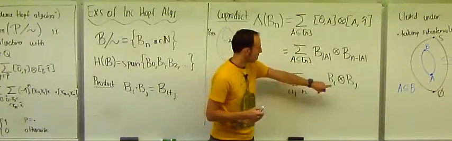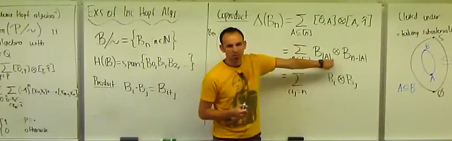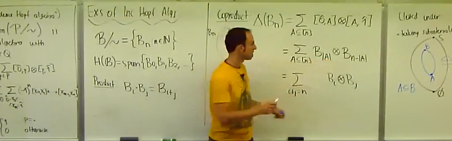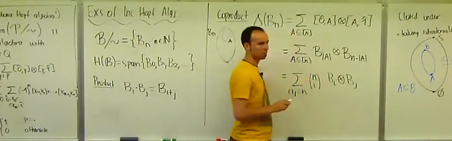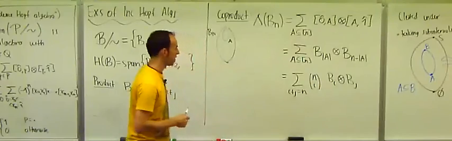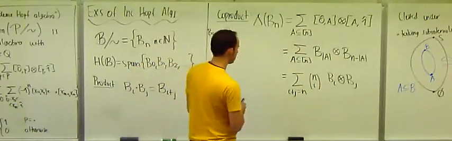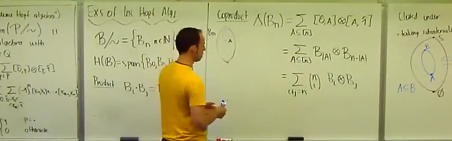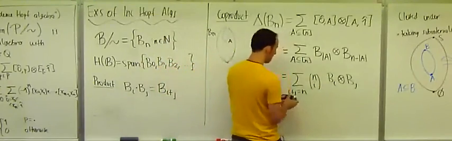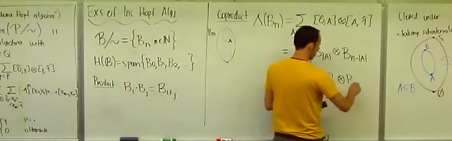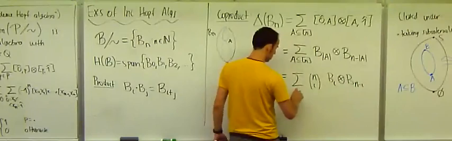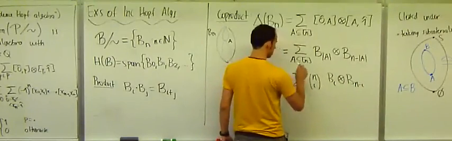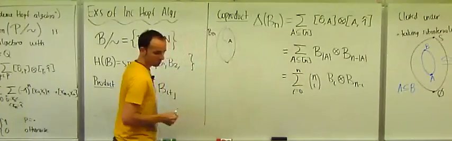The number of times that I have subsets of size i, which is n choose i. Okay? And so this is our coproduct. Or, actually, let's just write it as the sum of bi tensor b(n minus i) from i equals 0 to n. So that's the coproduct.